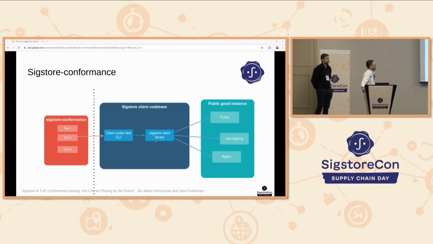And the noteworthy part is on the right-hand side: the clients practically use the public good instance, or in some cases the staging instance, so they connect to Fulcio and so on. It's just that the test suite doesn't see this.